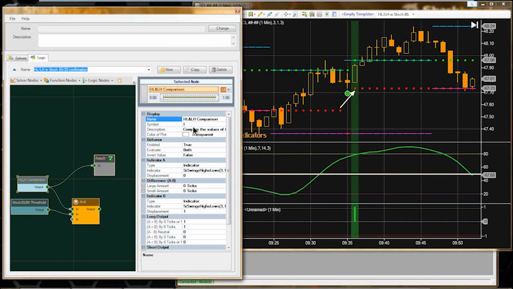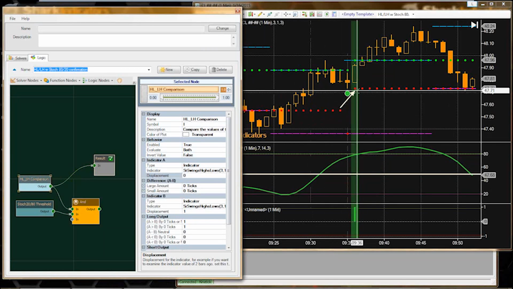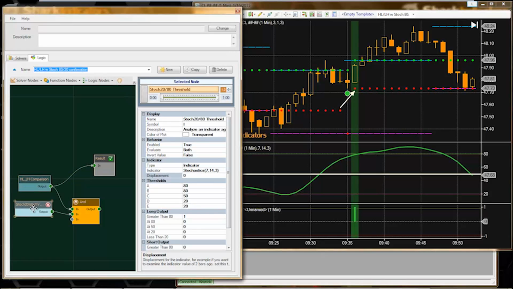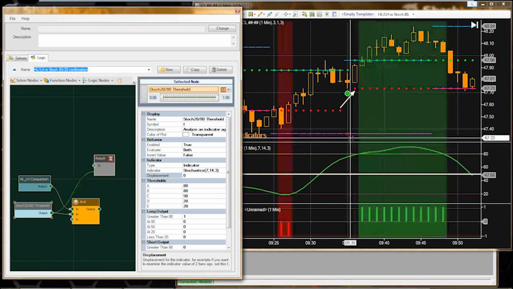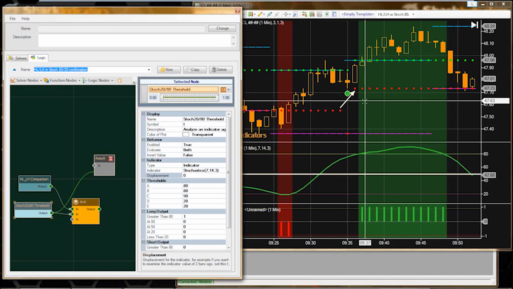Actually, I'm going to take that out. All right, our higher low is identified on that bar. Let's take a look at our stochastic condition, and we can see our stochastic condition happened one bar late. So this is another part of what Tom had asked for.